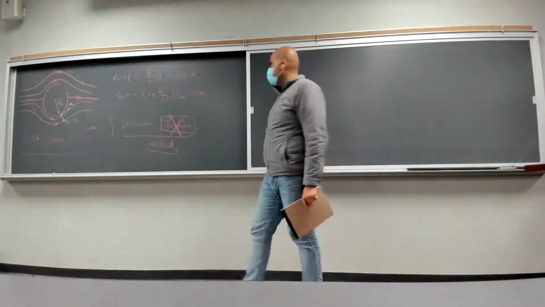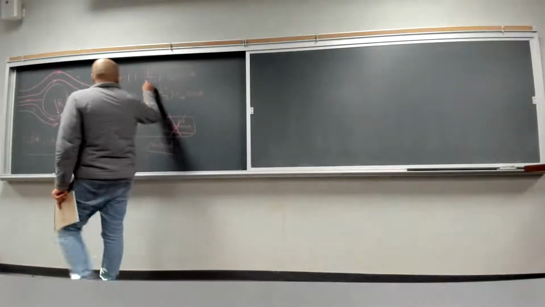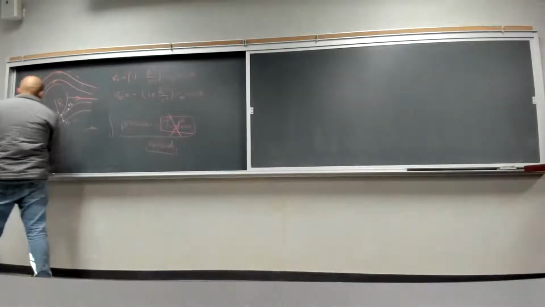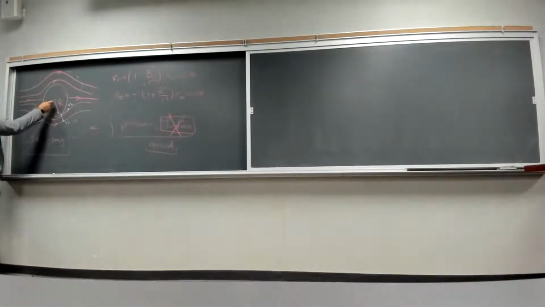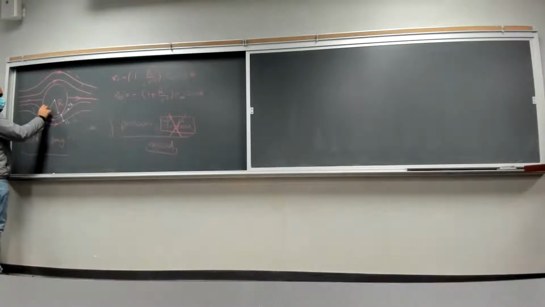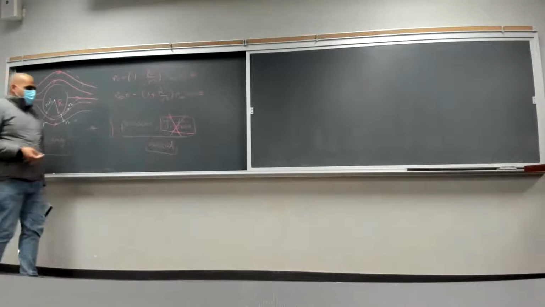That's it, right? So for this r, which is the distance of any point from the center of your cylinder, to find the velocity at the surface, we just have to say r equals R. So plug that in.